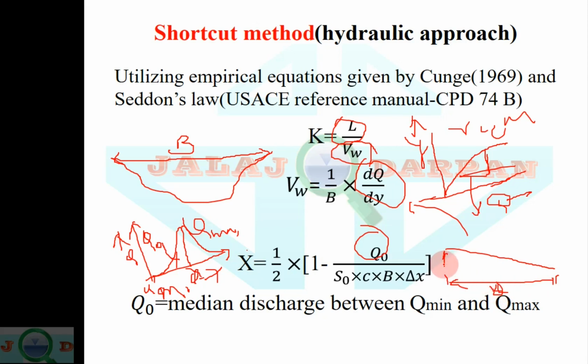This is the difference in elevation at this point and at this point, which I call Z. So the slope S naught is Z, the difference in elevation, divided by the length. And B is the same as earlier, that is the top width of the channel. And delta x here, the notation has changed, is the length of the reach.